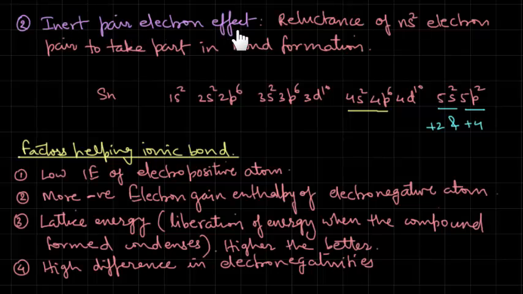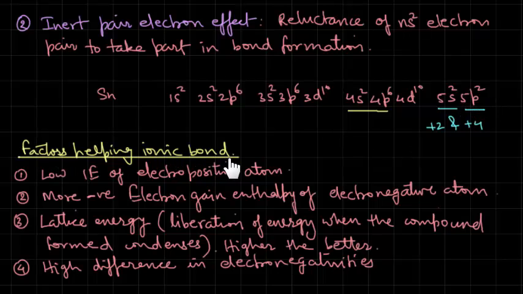So that is the inert pair electron effect. The reason is the ns2 electron pair's reluctance to take part in bond formation. So 5s2 will try to retain itself. Once the 2 electrons of p are gone, that is more stable than +4. So it shows electrovalency of +2 and +4.